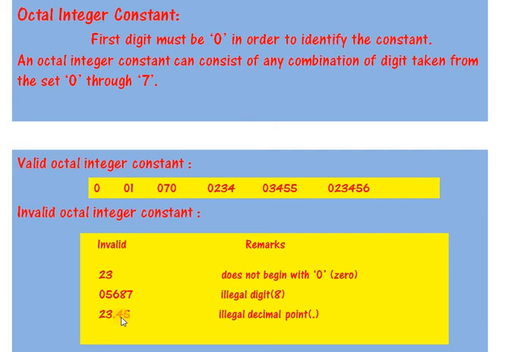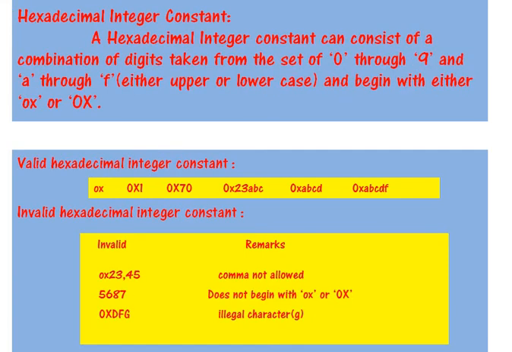Now let's see the third and last, hexadecimal integer constant. A hexadecimal integer constant consists of a combination of digits taken from the set of 0 through 9 and A through F, either uppercase or lowercase.